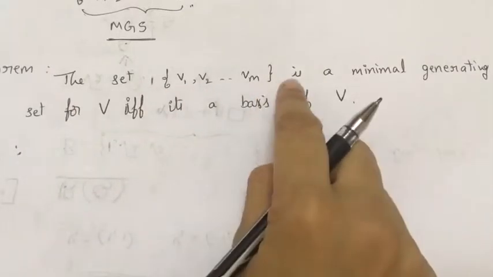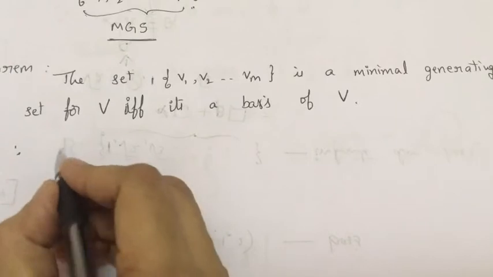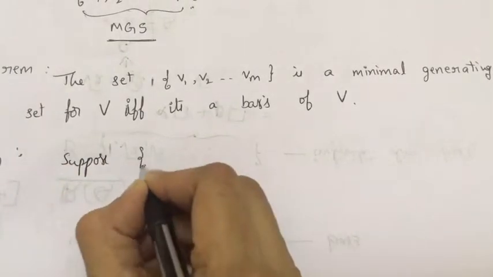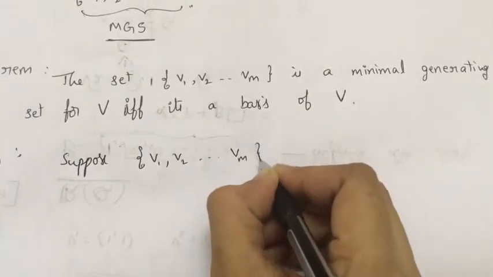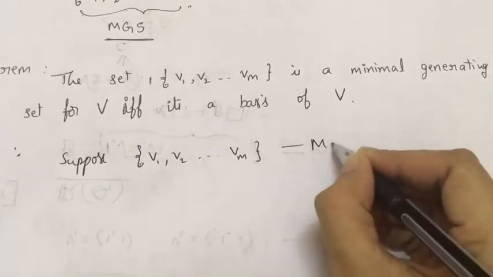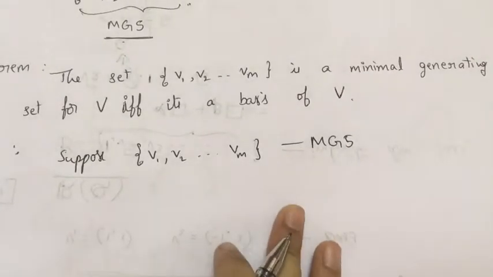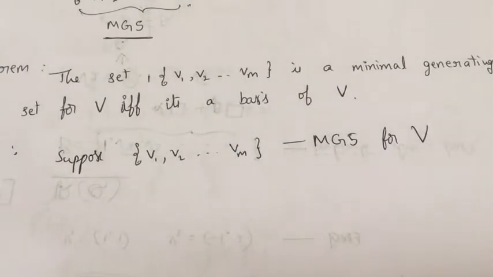Let us take the first part. Suppose the vectors v1, v2, vm form a minimal generating set for the vector space, say V.